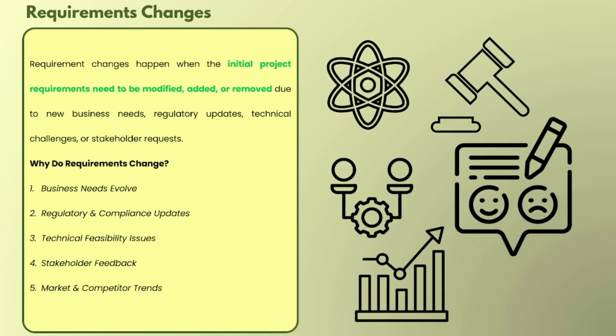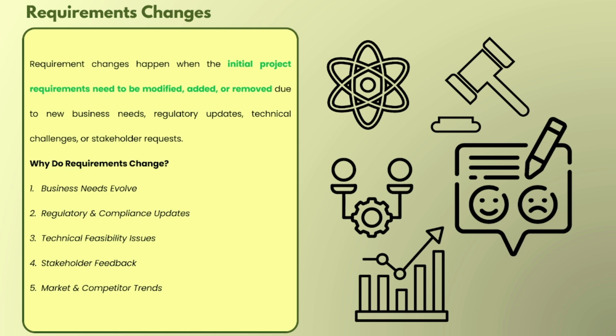So first we will see what exactly requirement changes are. Requirement changes happen when the initial project requirements need to be modified, added or removed due to new business needs, regulatory updates, technical challenges or stakeholder requests. So basically requirement changes come up when something in the project needs to be tweaked.